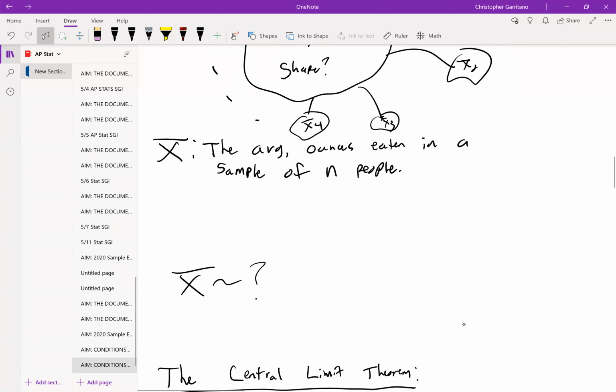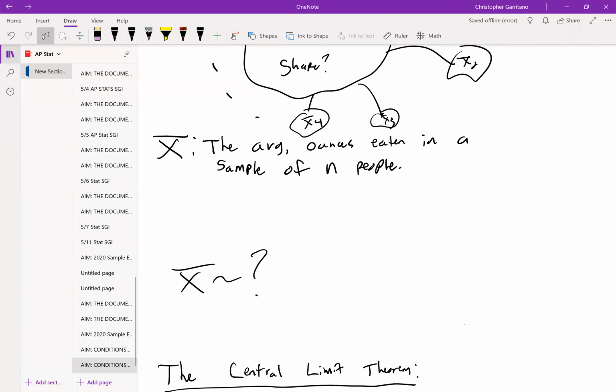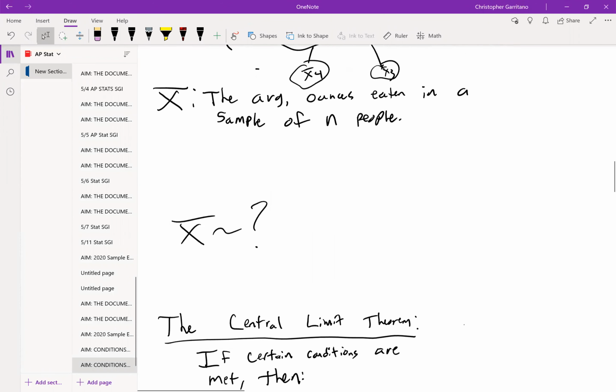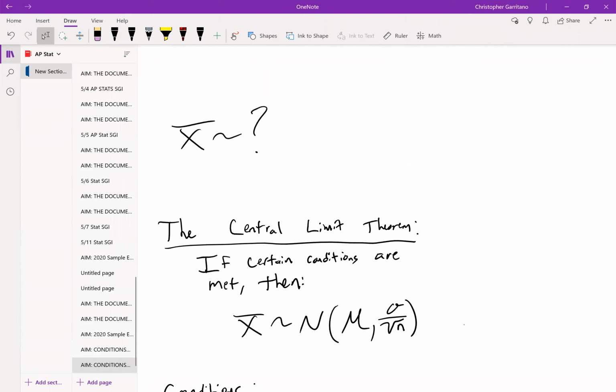And so how will X bars be distributed? At this point, we're not sure, but if the conditions for the central limit theorem are met, then we will know. So let me remind you, the central limit theorem, to put it very simply, says that if certain conditions are met, then our sample means will be distributed normally.